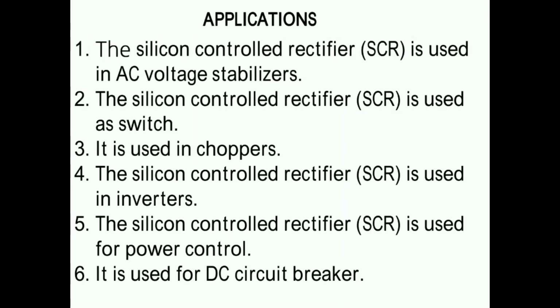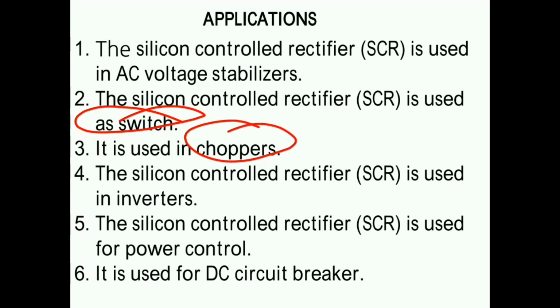Then applications: the silicon controlled rectifier is used in AC voltage stabilizers, to stabilize AC voltage, power or current. SCR is also used as an electronic solid state switch. Another is the chopper, a DC to DC converter.